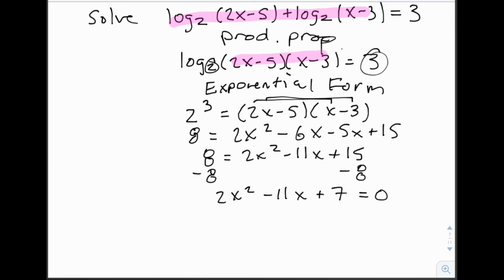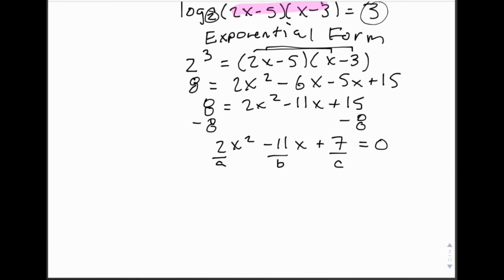So using our quadratic equation, this will be A, this will be B, and finally that will be C. So in our quadratic equation here, we will have 11 plus or minus the square root of negative 11 squared minus 4 times 2 multiplied by 7.